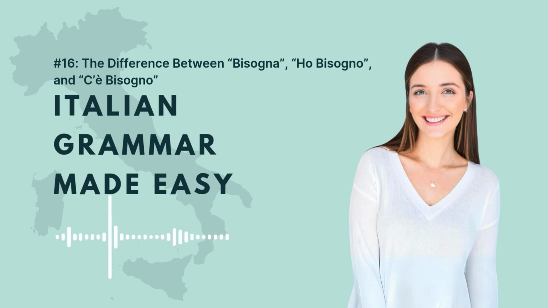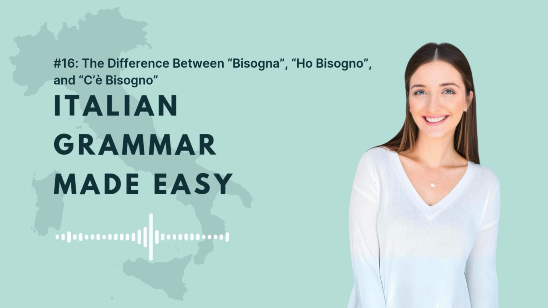See? Perfetto. Let's do a quick recap of what we talked about today. There are three main forms that we can use in Italian to express needs, necessity. The first one is bisogna, and that's the impersonal form, and it's used when we don't want to specify the subject. The meaning here is one needs, it is necessary.